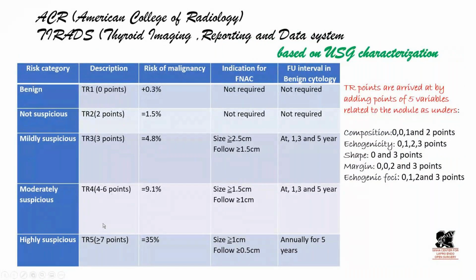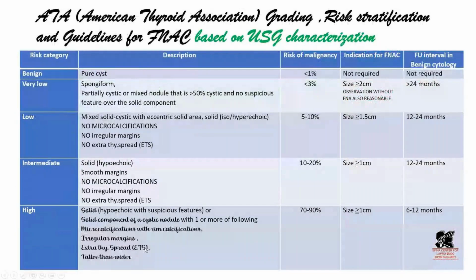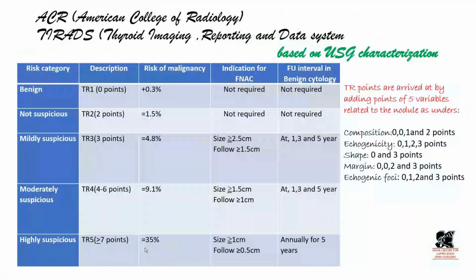As opposed to the ultrasound findings which we described here in the ATA guidelines, here it is more objective, and you have to add up points to get TR points. And what are these TR points? They are arrived at by adding points of five variables of the nodule: the composition, the echogenicity, the shape, margin, and echogenic foci.